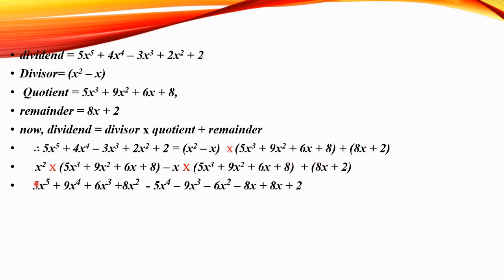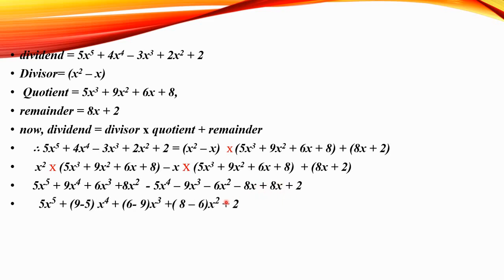Multiplying, we get 5x raised to power 5 plus 9x raised to power 4 plus 6x cube plus 8x square minus 5x raised to power 4 minus 9x raised to power 3 minus 6x square minus 8x plus 8x plus 2. Now these two terms will be cancelled.